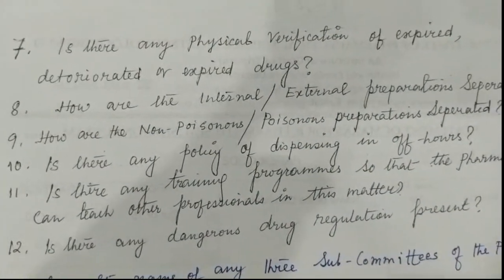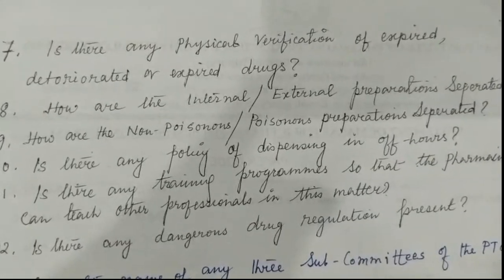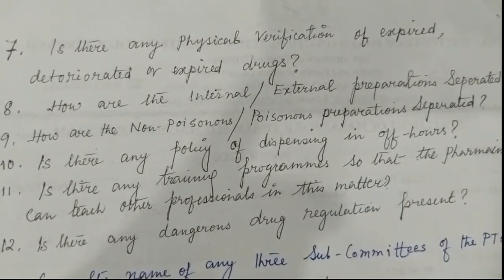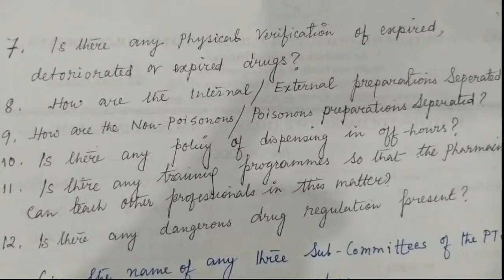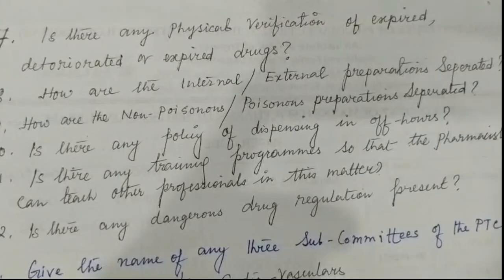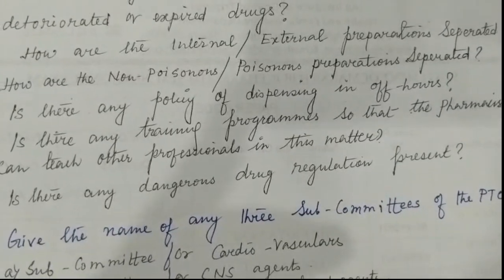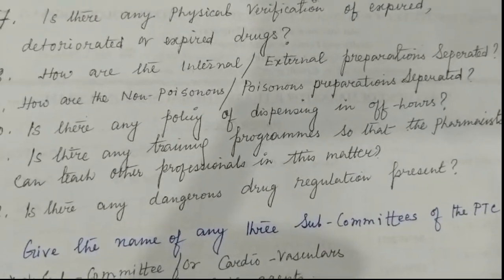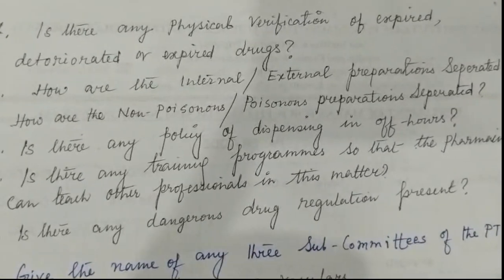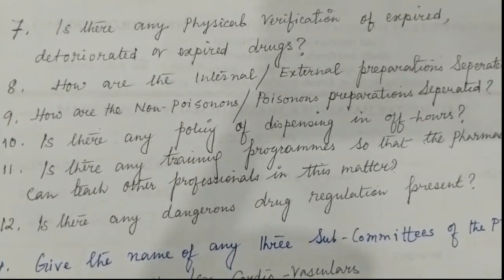Number 7 is whether there is any physical verification of expired or deteriorated drugs. Number 8 is how the internal and external preparations are separated. Number 9 is how the poisonous and non-poisonous preparations are separated.